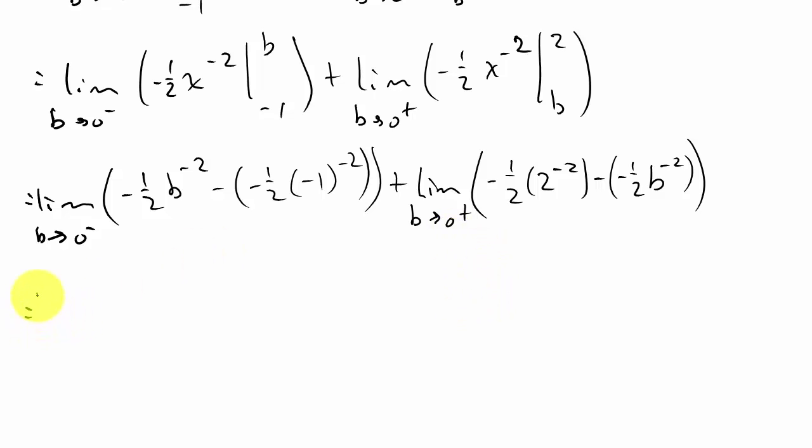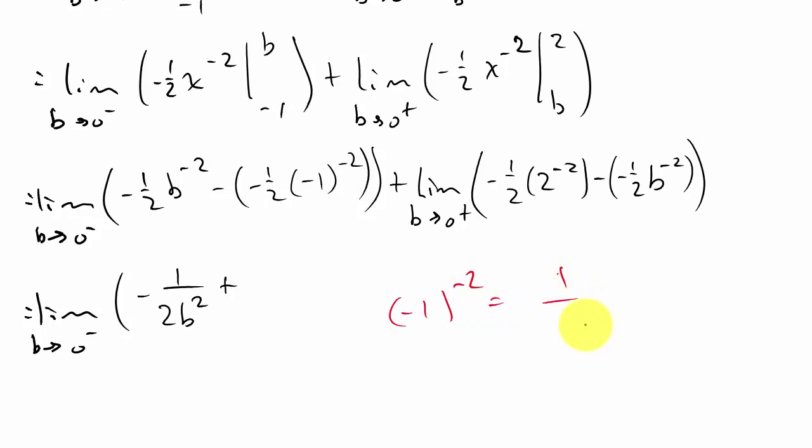This is the limit as b goes to 0 from the left of negative 1 over 2b squared, the b comes down with the 2, plus, and remember -1 to the -2 is the same thing as 1 over negative 1 squared, which is 1 over 1, which equals 1. So this is just 1, and so that's plus 1/2.